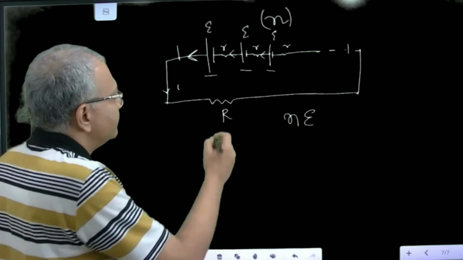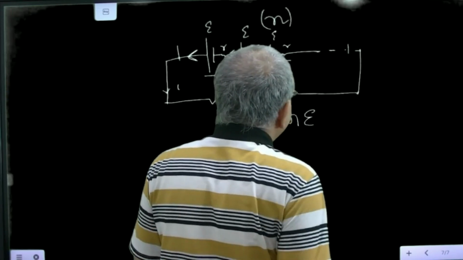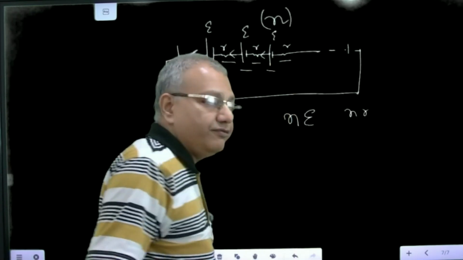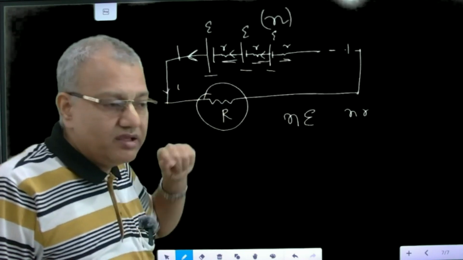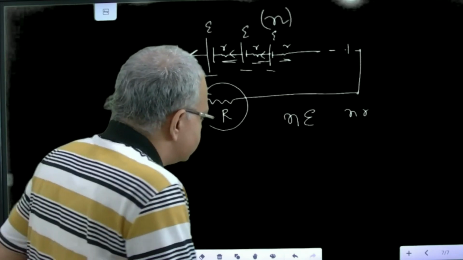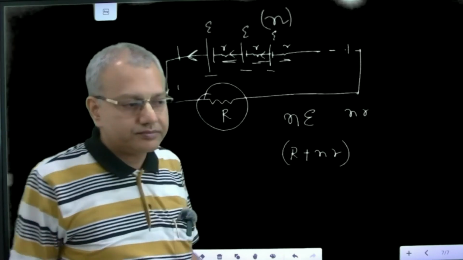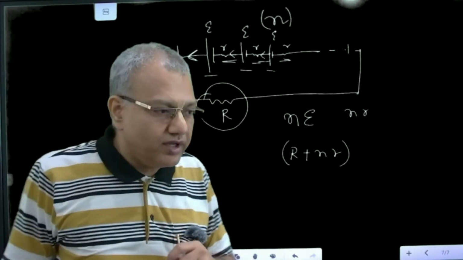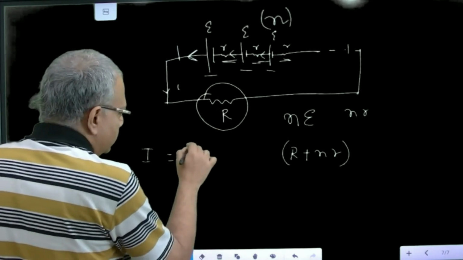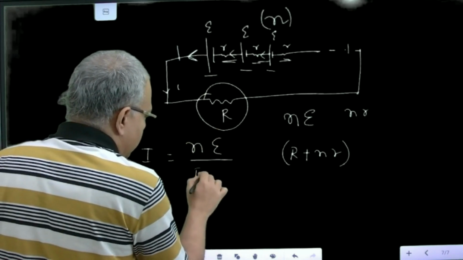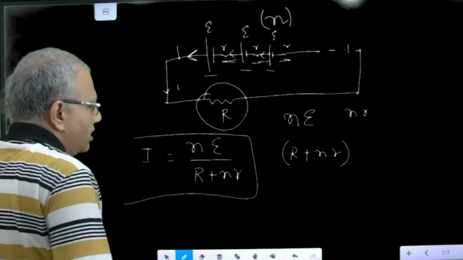And the total resistance, you can see each resistance exists in series, so the total internal resistance is n into R. This total internal resistance as well as the external resistance exist in series connection. Therefore, the total resistance is R plus nR. So the total current that is going to flow, I, is equal to nE divided by R plus nr.